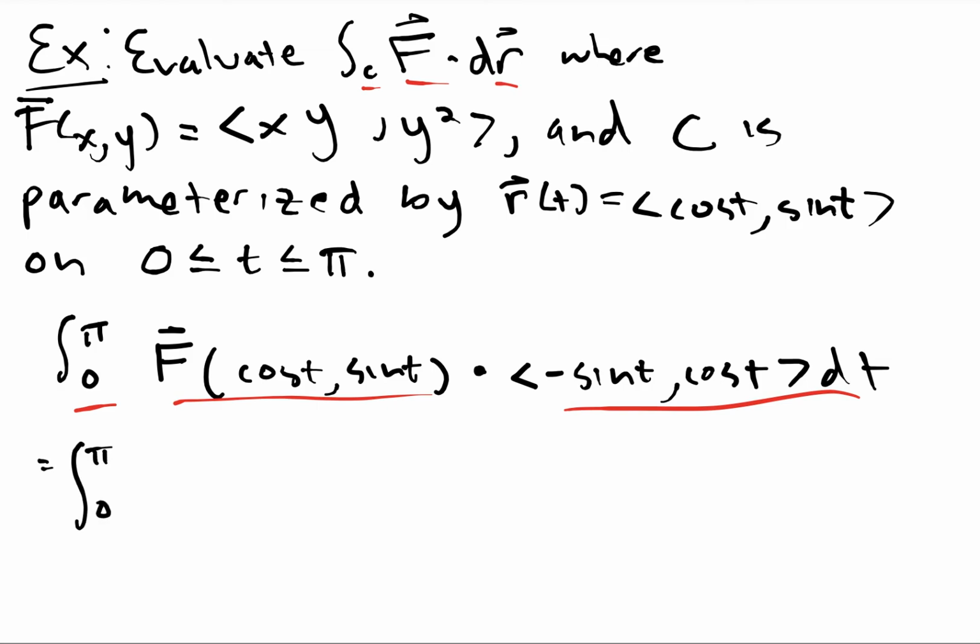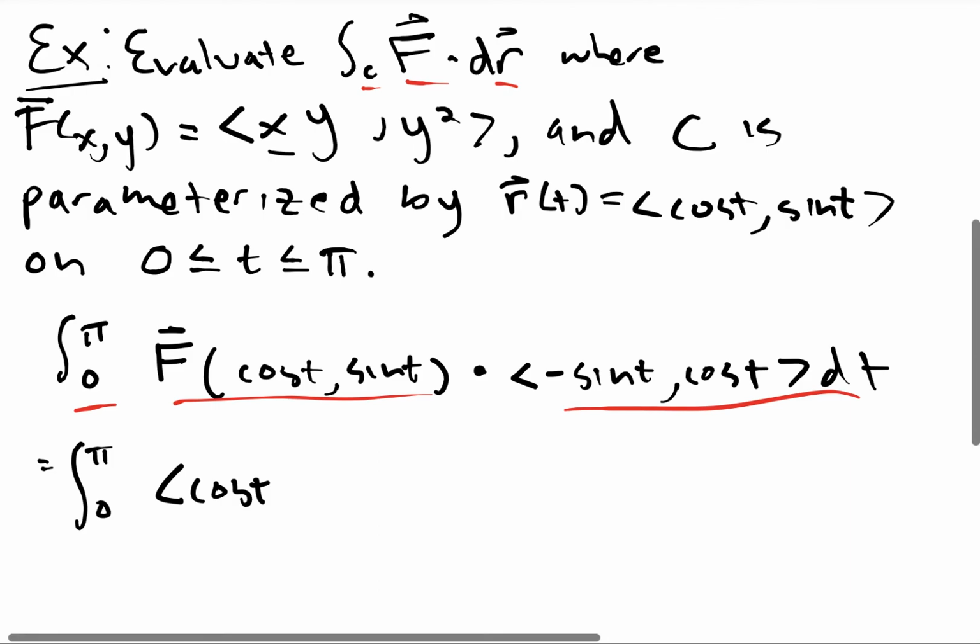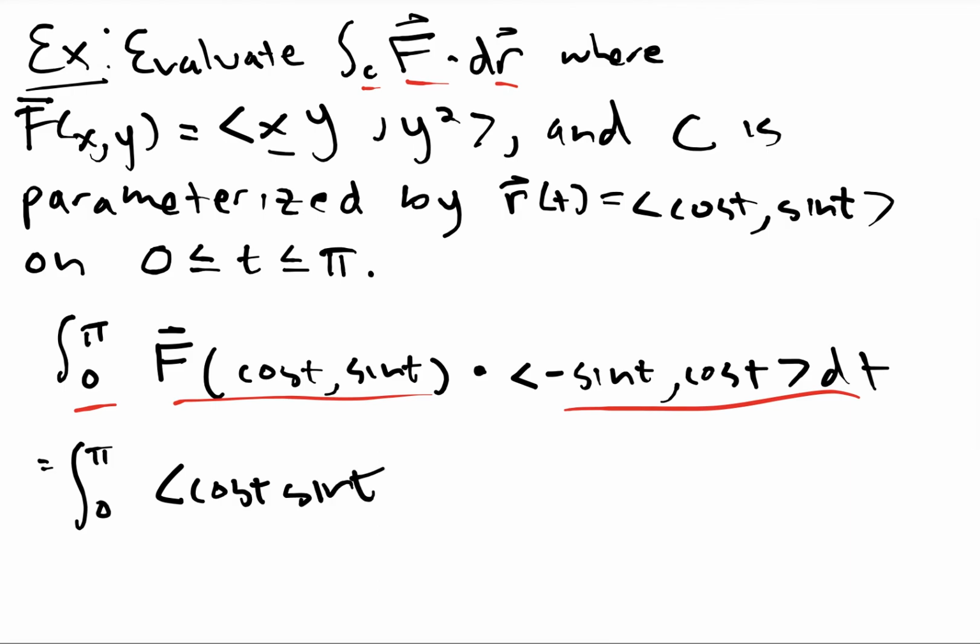Cosine t had to go in for x whenever I saw it, so there's my cosine t. And my sine t has to go in for y wherever I see it. So this is cosine t, sine t in the first slot, and a sine squared t in my next slot.